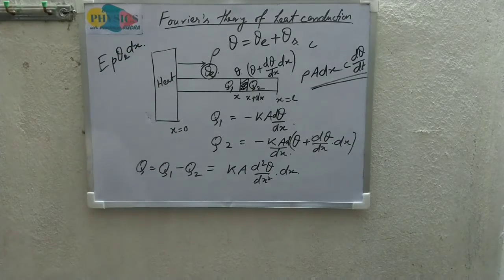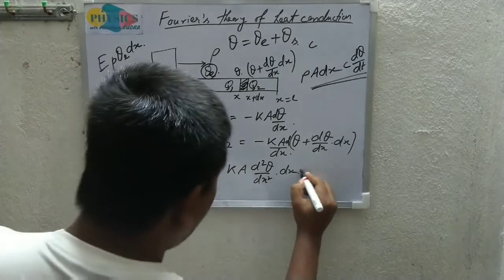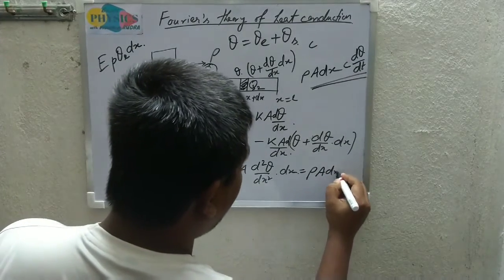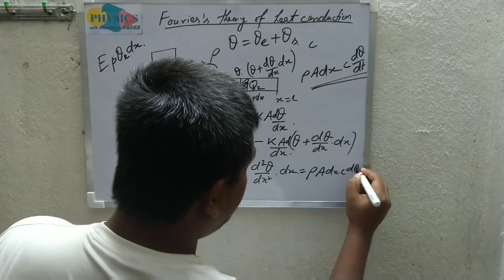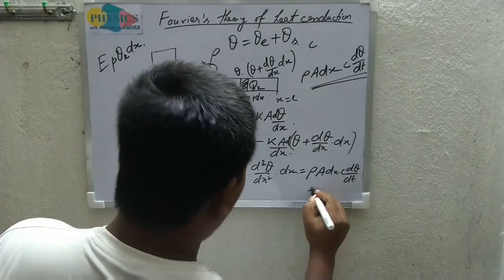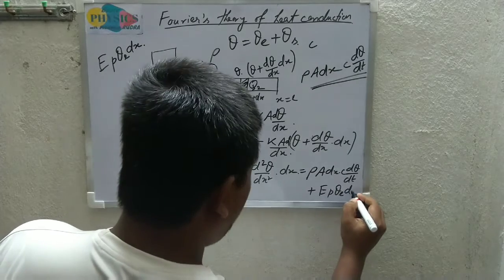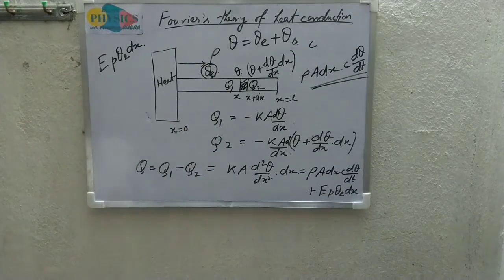So from this we can write that this value equals rho A dx C into d theta by dt plus E P theta E into dx.